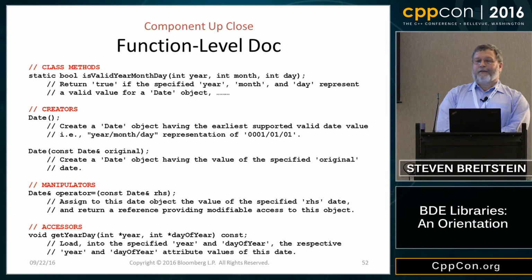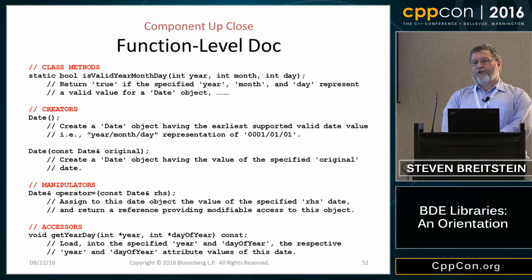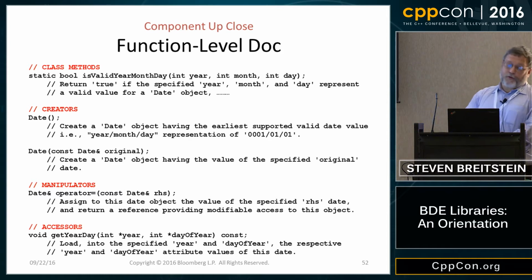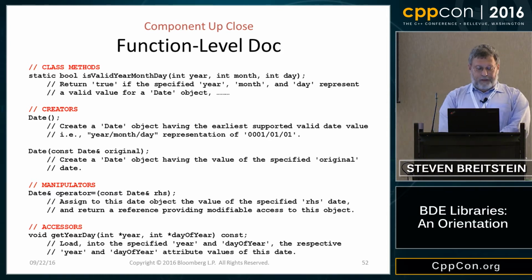Manipulators are methods that may change the state of the object. Accessors are const qualified. They are guaranteed not to change the state of the object. Always in that order. And if you're navigating our code, it's worth remembering, because that helps you find your way around.